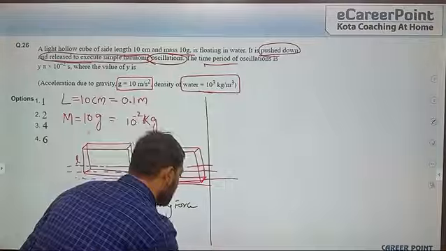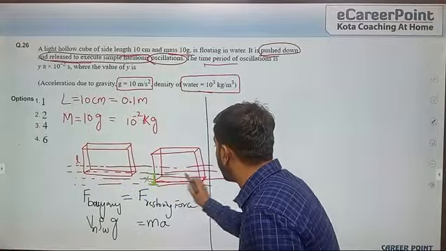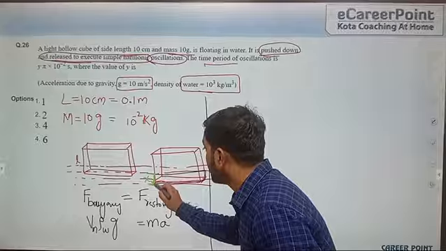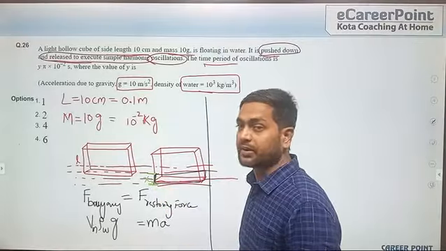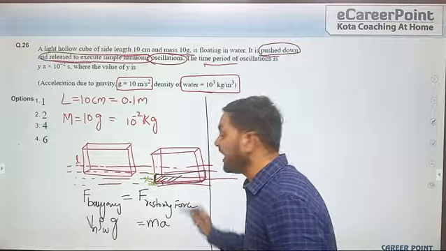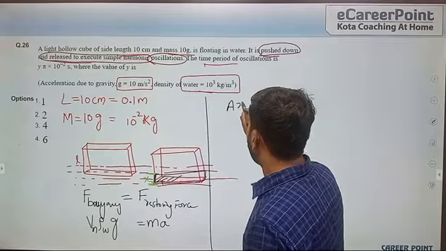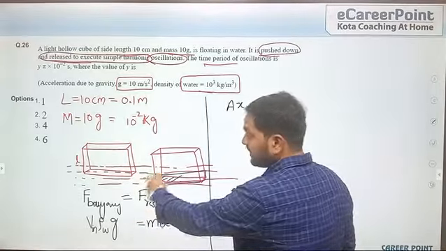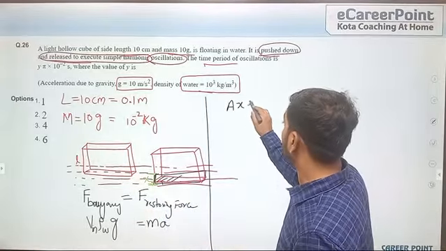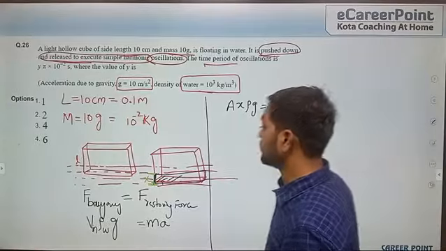So how much volume is inside the water? The length inside the water is x, and the area is L into L, so let us take area A. X is the displaced length of the cube, so A x rho g equals ma, the restoring force.